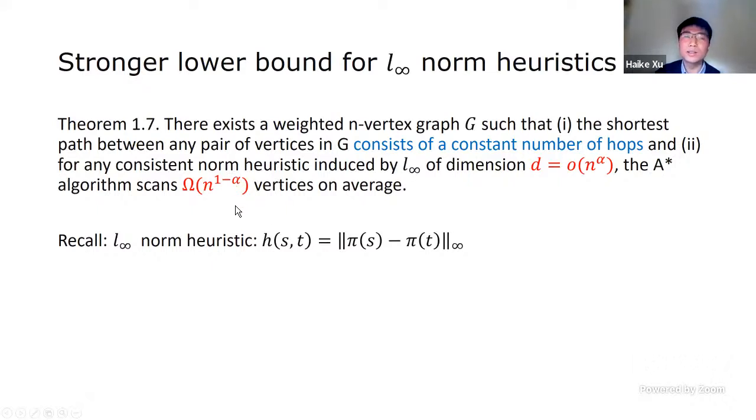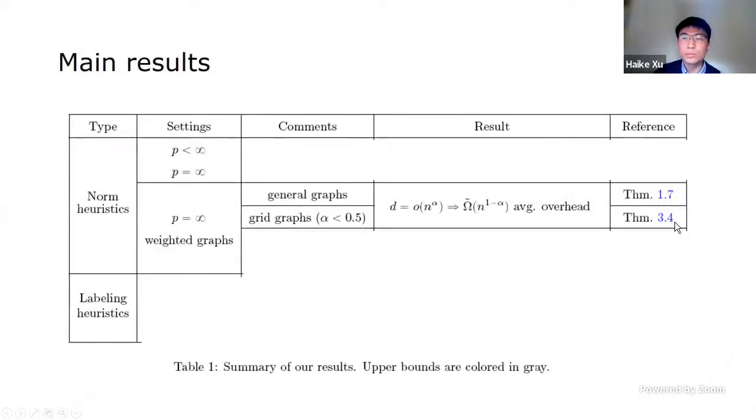Here alpha is an arbitrary parameter to be set between 0 and 1. Additionally, our constructed instance for this lower bound theorem can be transformed into a grid graph if alpha is smaller than 0.5. And this is the result for theorem 3.4 here.